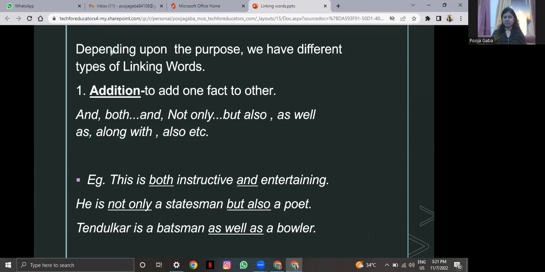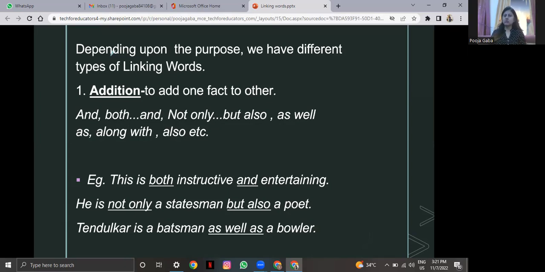See these examples. This is both instructive and entertaining. When something is instructive and entertaining both, we use both and. Next one, he is not only a statesman but also a poet. Here also we are adding some information that he is a statesman plus a poet.